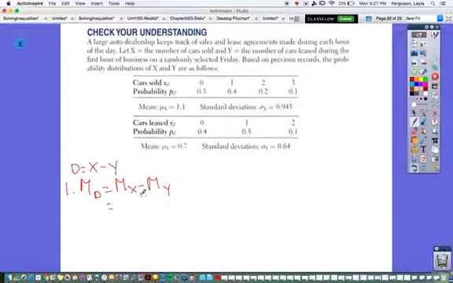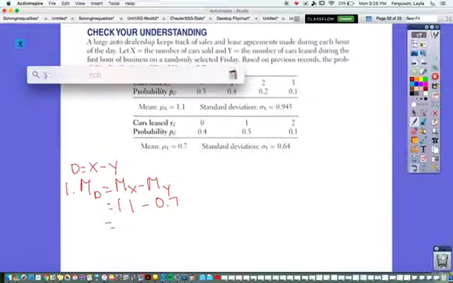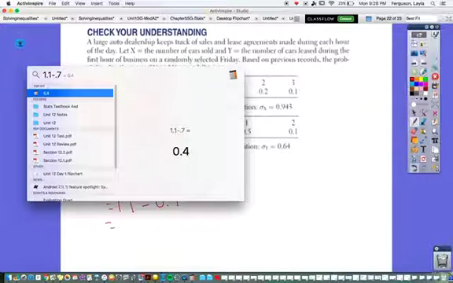So you know that the mean for X is 1.1, the mean for Y is 0.7. And so you would just subtract those, and whenever you did, you would get 1.1 minus 0.7, 0.4.